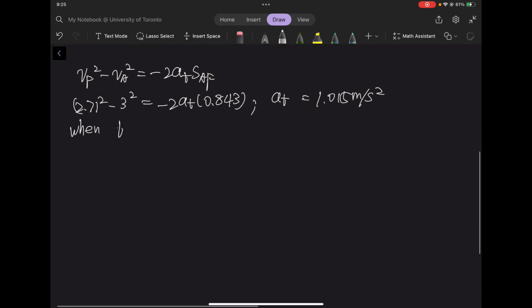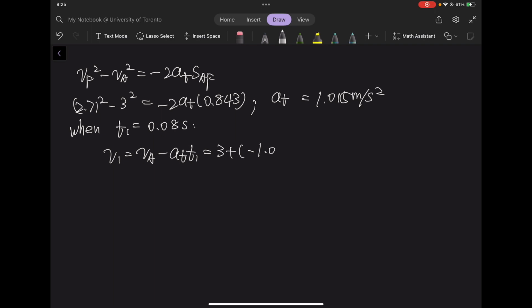When t1 is equal to 0.08 second, we need to find the location of the ball. V1 is equal to VA minus AT t1, which is 3 plus negative 1.015 times 0.08, which equals 2.92 meters per second.